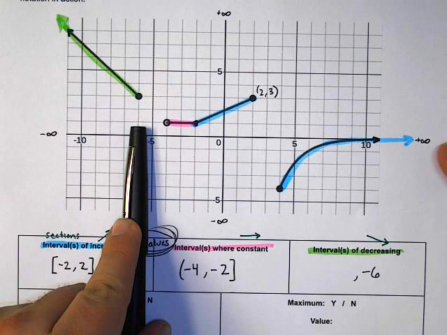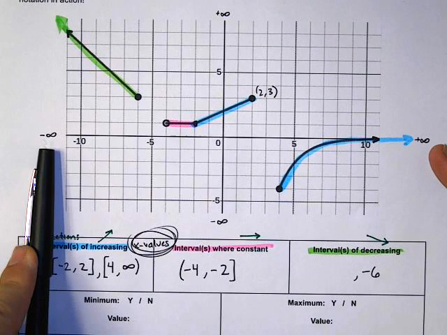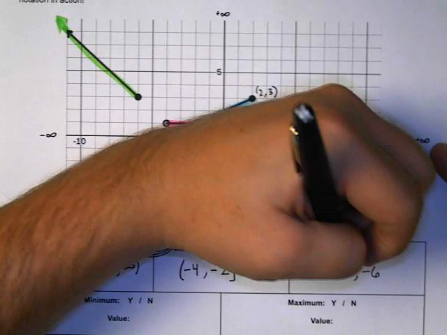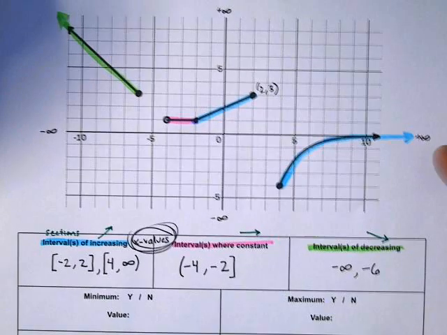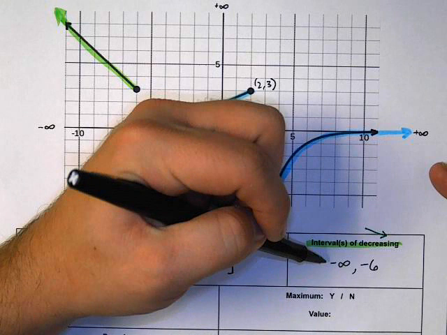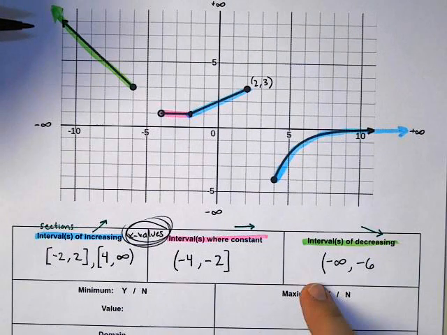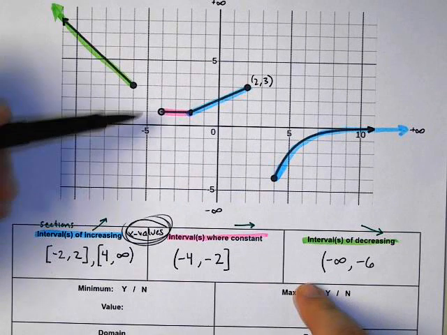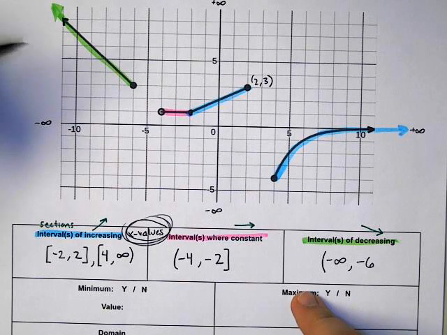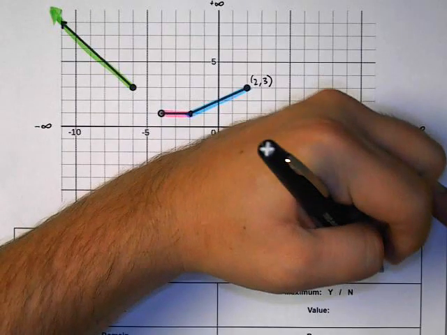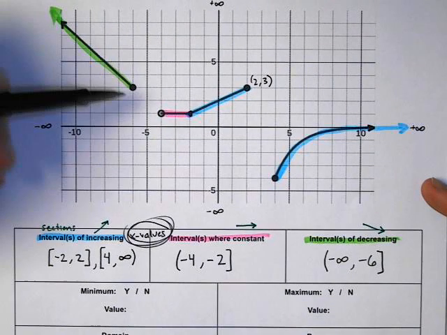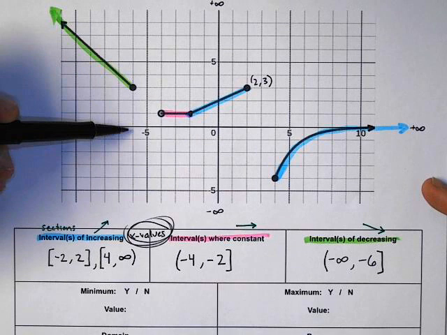Well, that means that the lowest x value is actually, oh, negative infinity. And once again, because we can't ever reach negative infinity, we use an open parenthesis. What about at the negative 6, though? Pause it, quiz yourself. I hope you said that it was closed, because there's a filled in dot at negative 6, comma 3.